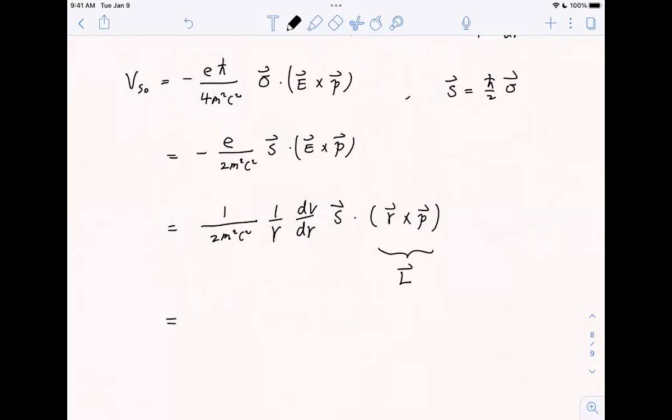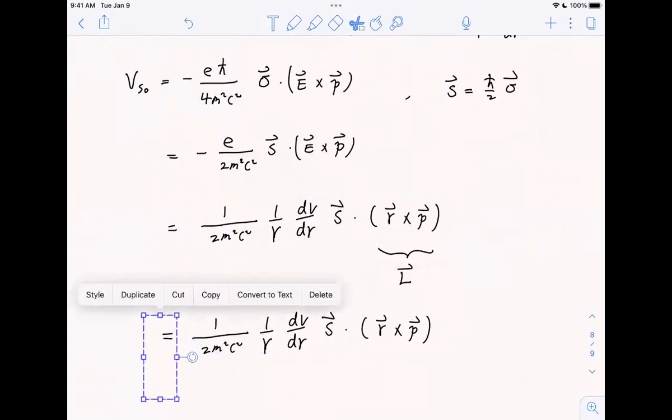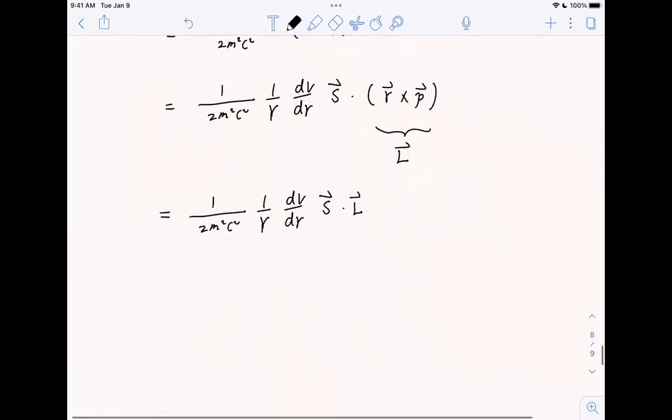So you have this. This is reasonable because in the previous case, the whole system has translational symmetry. But in this case, the system has spherical symmetry.